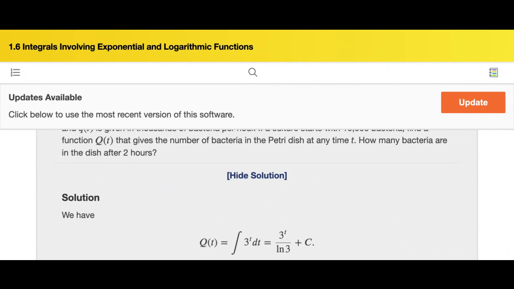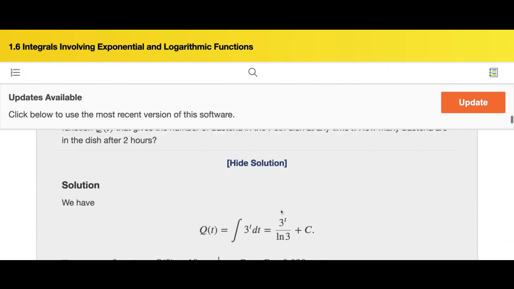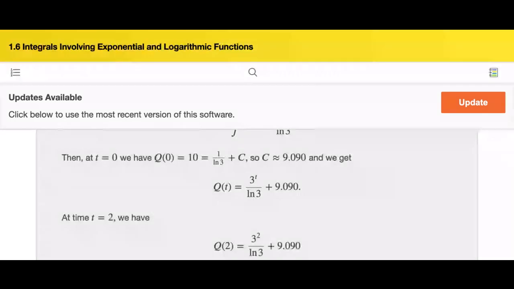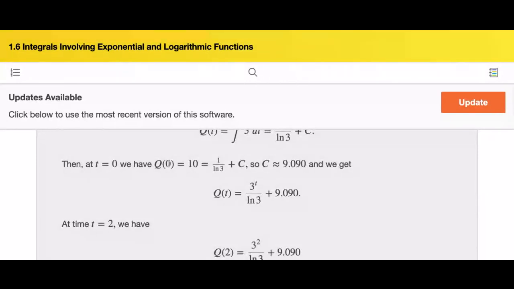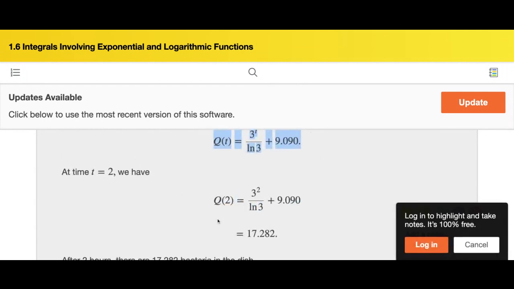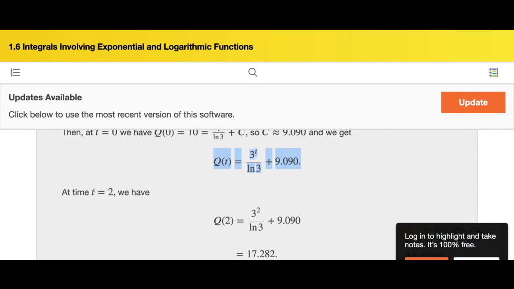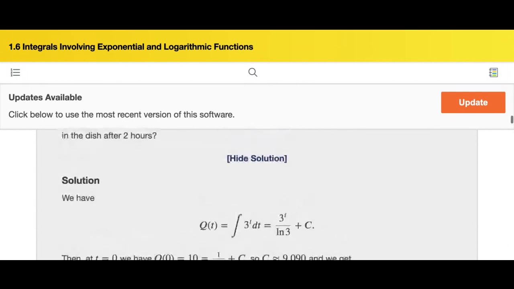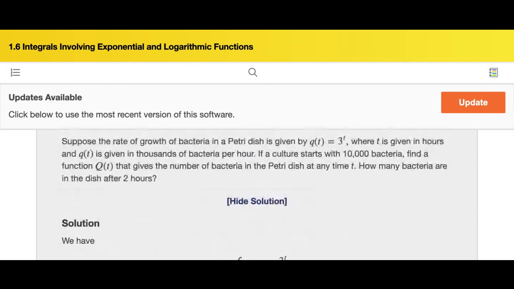Okay, good. Now let's go back. So basically (0, 10) is given as an initial point, right? With this initial point, we can solve for a specific c. Now we get a specific function, capital Q of t. Then after 2, think about it. We can actually do this question in two ways.